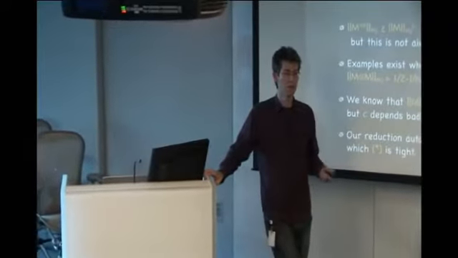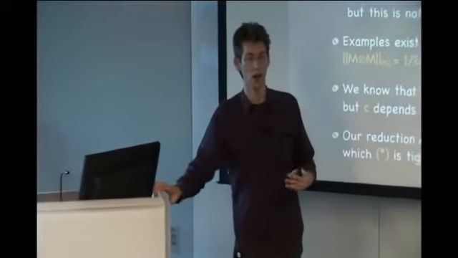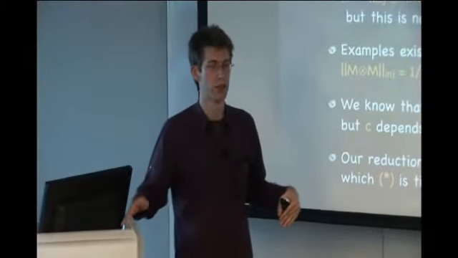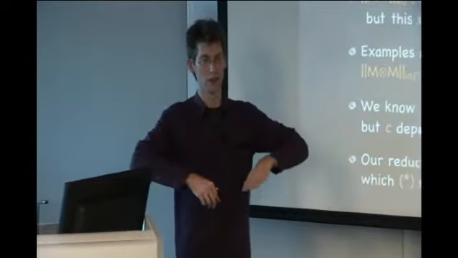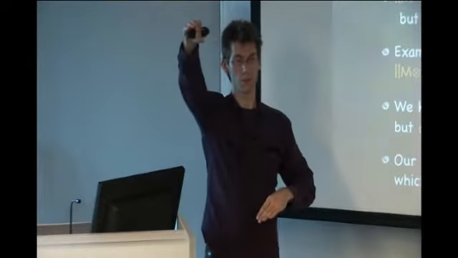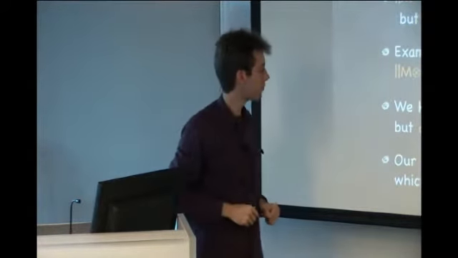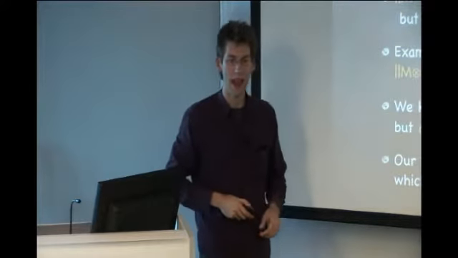And so what this means is this lets us show hardness of various amplified versions of problems. That's why I can say it's hard to tell if the norm is less than 0.01 or greater than 0.99, stuff like that.